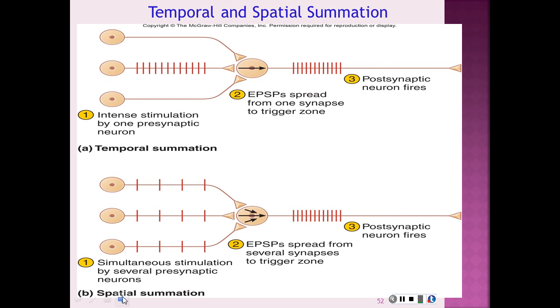But in spatial summation, we're going to have stimulation by several different presynaptic neurons, causing a spread from several synapses to the trigger zone. Then it's going to cause the postsynaptic neuron to fire.